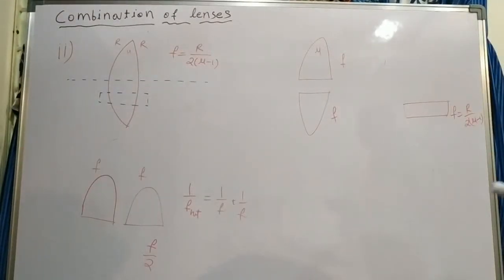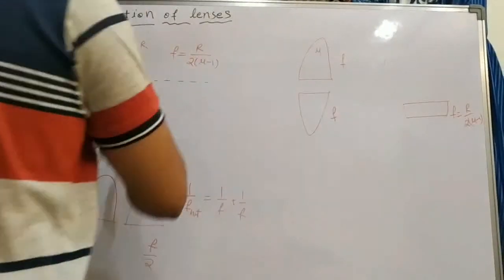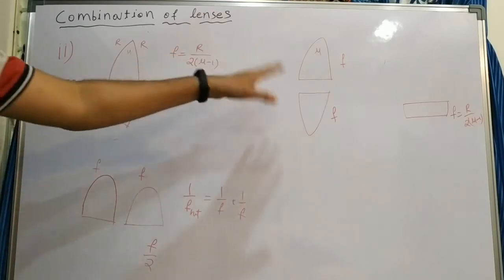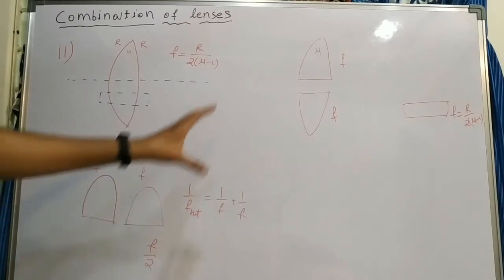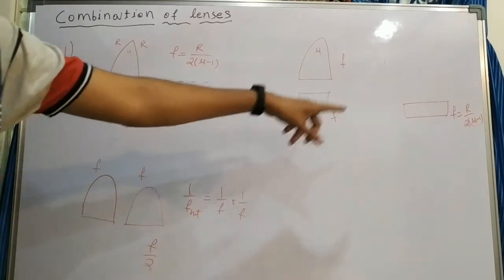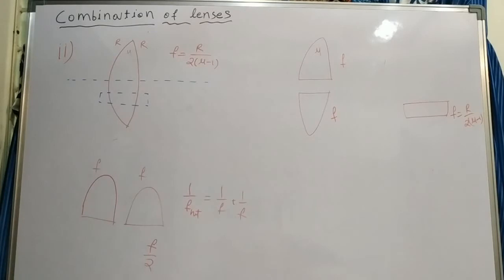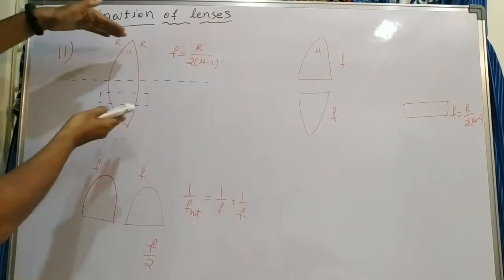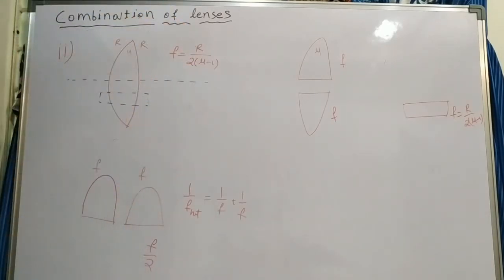Suppose in the previous case, if you cut perpendicular to the principal axis, what happened? Focal length changes, that means the distance of the image also changes. Here, if you cut like this, the distance of the image is not changing. Whether you use one piece or the small piece, there is no change in the position of the image, but the brightness of the image changes. Because the initial aperture size is more, whatever rays fall on it are all converging at that particular point.